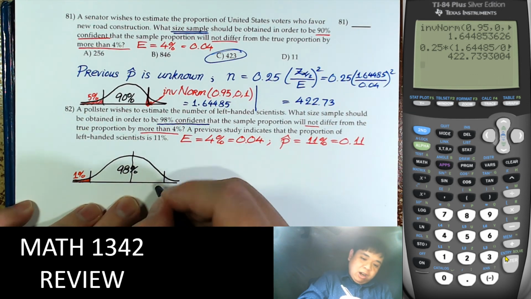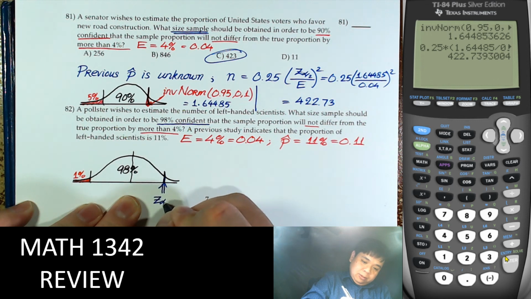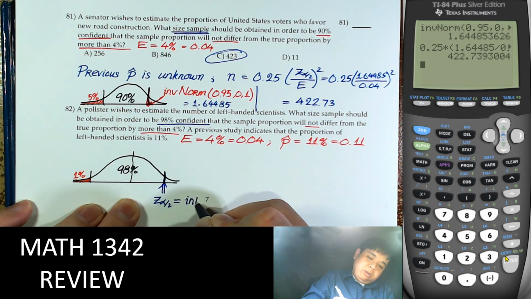To find this z value, it's going to be inverse normal.